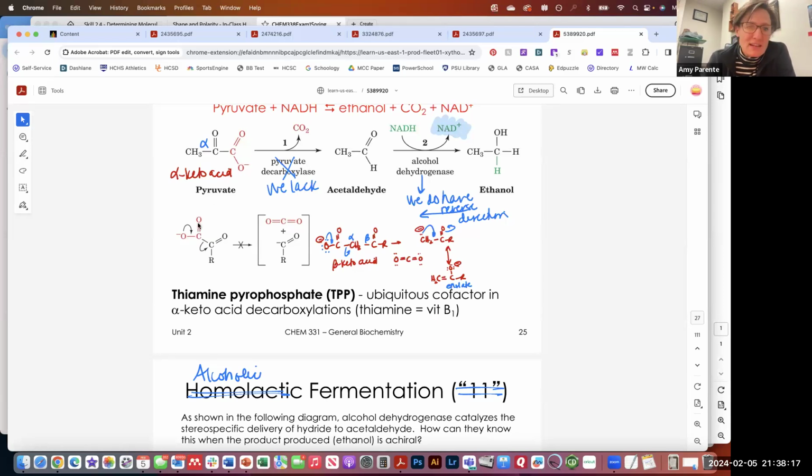And so we will see a lot of times when we decarboxylate alpha keto acids, but we also know that we're going to need to see vitamin B1 with that. So just like if you see something with a kinase, you're going to need magnesium for that enzyme to work. If you are decarboxylating an alpha keto acid, you're going to need TPP, which is made from vitamin B1.